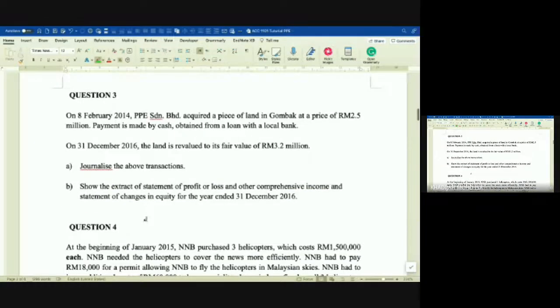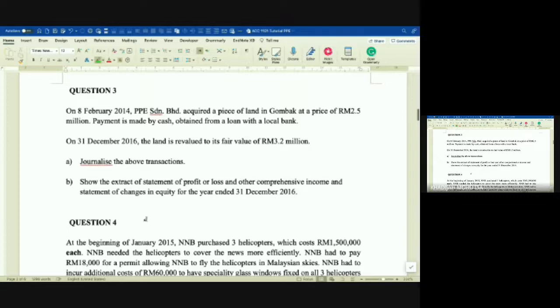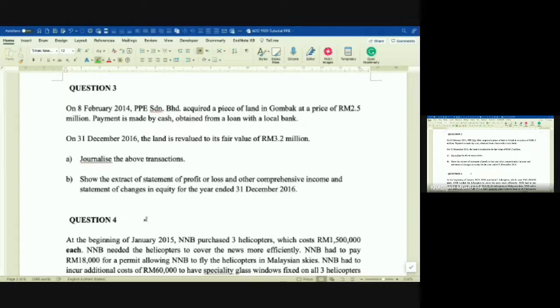Okay, let's go into your question number 3. In February 2014, PPE acquired a piece of land in Gombak at a price of 2.5 million. Payment is made by cash obtained from a loan with a local bank. On December 31st, 2016, the land is revalued.